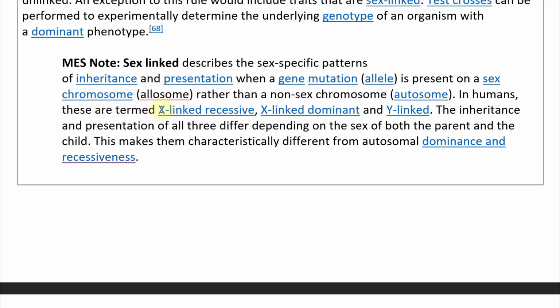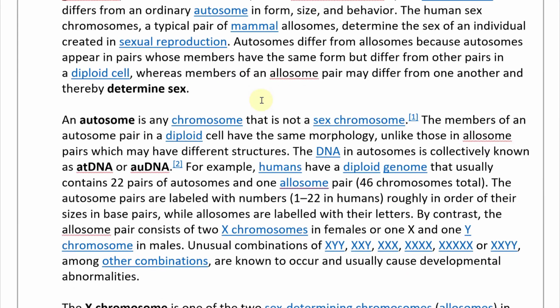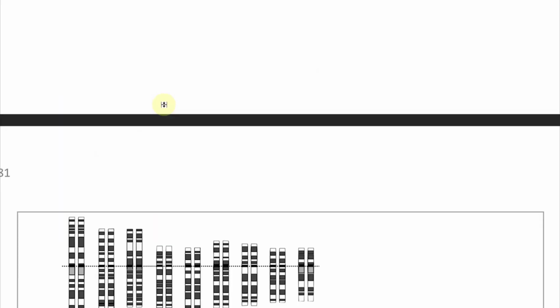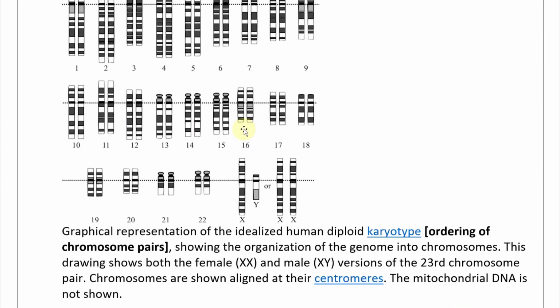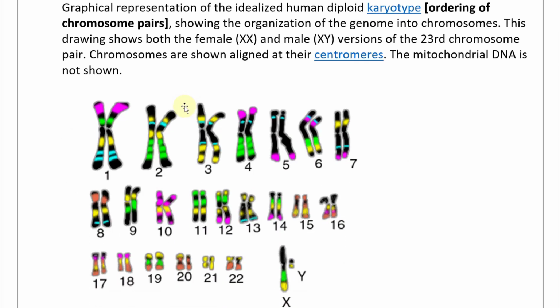So in humans, these are X-linked recessive, X-linked dominant, and Y-linked. And there's three, because of the different forms of the X and Y. So they're not almost identical like the typical autosome. These ones are pretty much identical, and these ones are not. So it's going to have three as opposed to the four that we're used to.